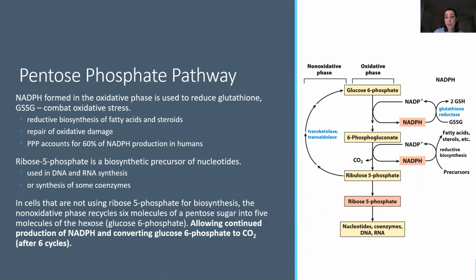NADPH is an electron carrier, and it is going to help take another molecule, glutathione, and reduce it. So by making NADPH, one of its main roles is to then be reconverted back into NADP. But by doing this, it takes an oxidized glutathione and reduces it into a reduced glutathione.